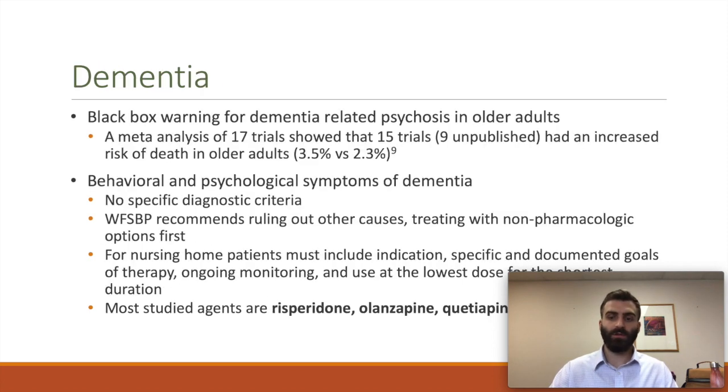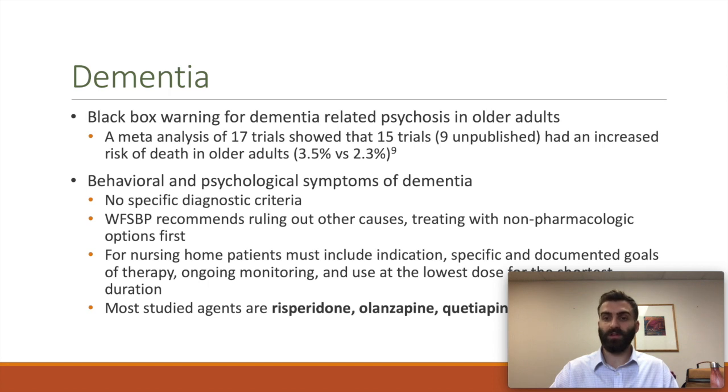Next, I wanted to go into delirium and dementia. We'll start with dementia. There is a black box warning for second generation antipsychotics for causing increased risk of death. This was based on a meta-analysis of 17 trials, and 15 of those trials did show that increased risk of death.